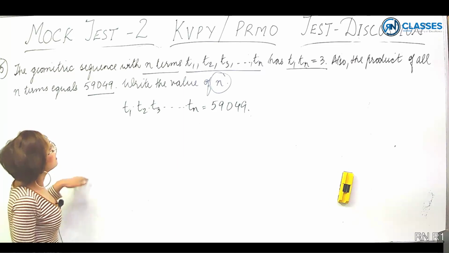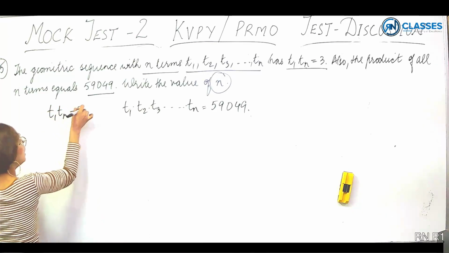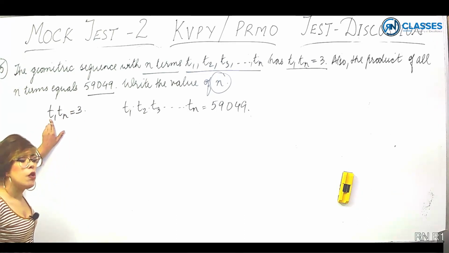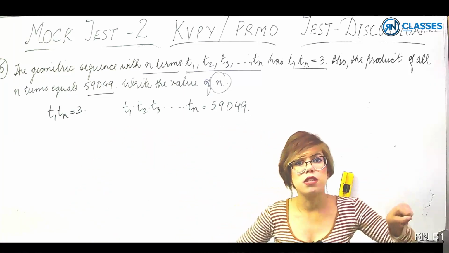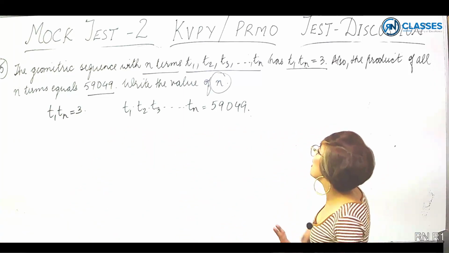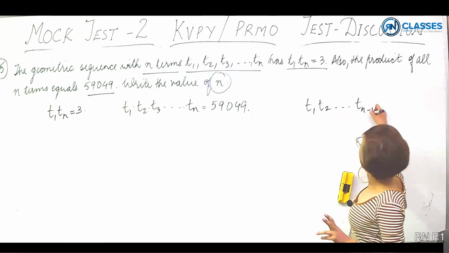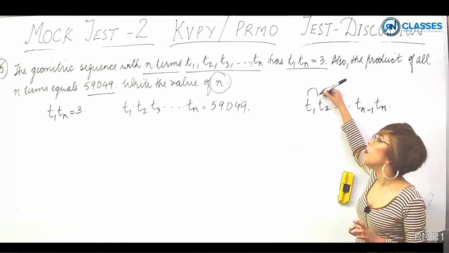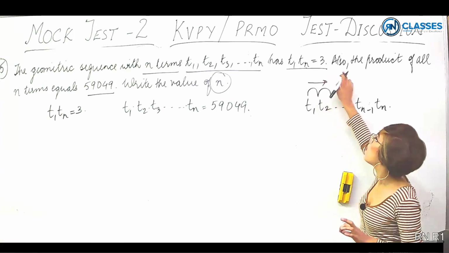Now I need to use the fact that T1 into Tn is equal to 3. The product of the first term and last term is given to be 3, and it is a geometric progression. Now geometric progression is very nice. Why? Because if this is my geometric progression, I multiply by a constant term and I get this one. Multiply by a constant term, I get this one.